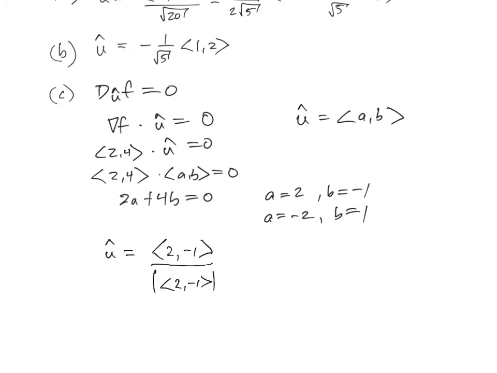Okay, so that's one answer, which is going to be what? 2 squared plus 1 squared is 5, square root of 5, 1 over root 5, 2, -1. And the other direction, I'll call this U1, call this U2, is going to be negative 2, 1, divided by its magnitude.